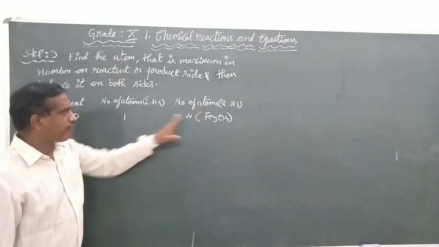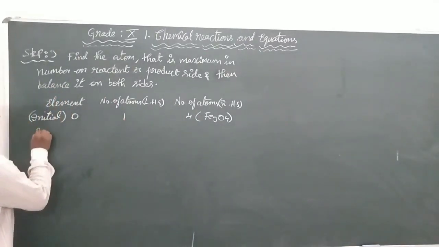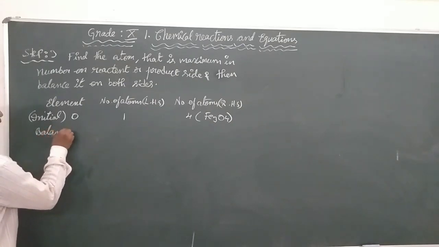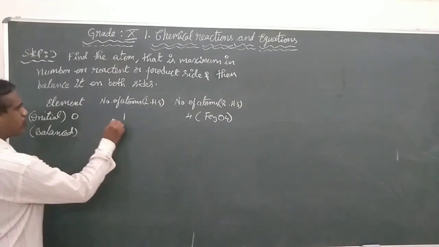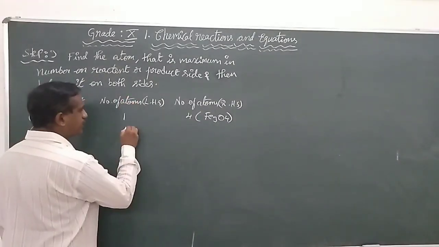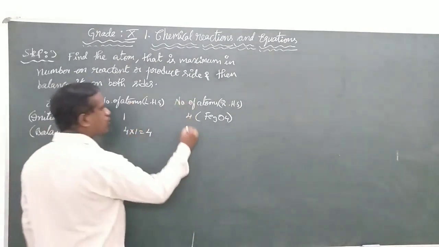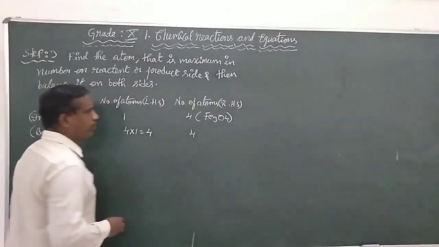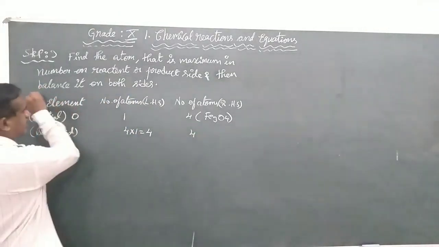Let us see here. Fe3O4 on the RHS there are 4, but on the LHS there is only 1. So in the balanced equation, the oxygen atoms must be 4. That is already existing. So 4 ones are 4. So number on RHS will be 4. Now how will the equation be? Once we will have a glance.